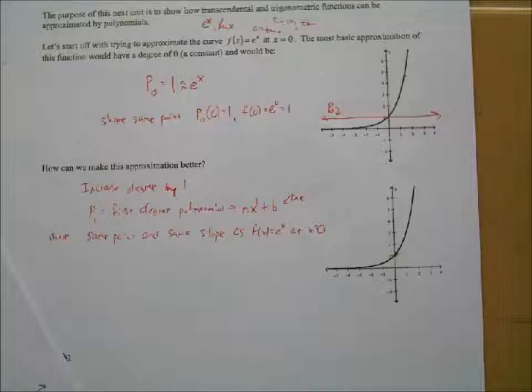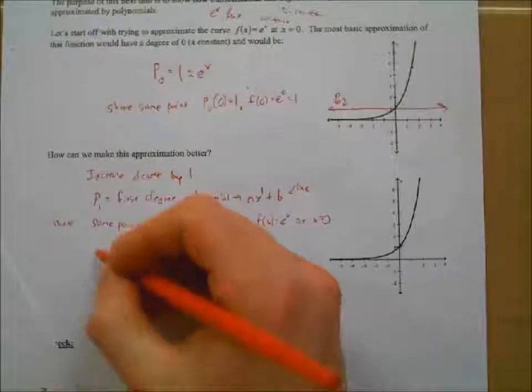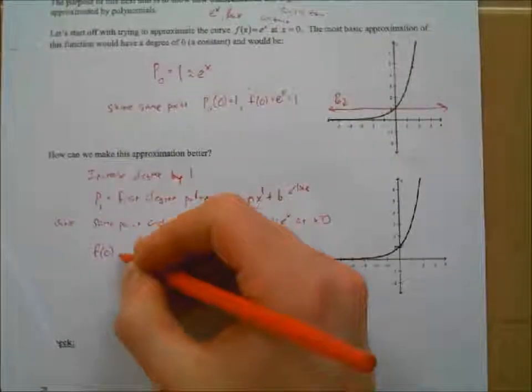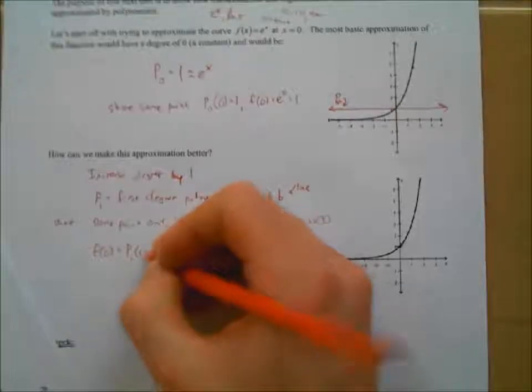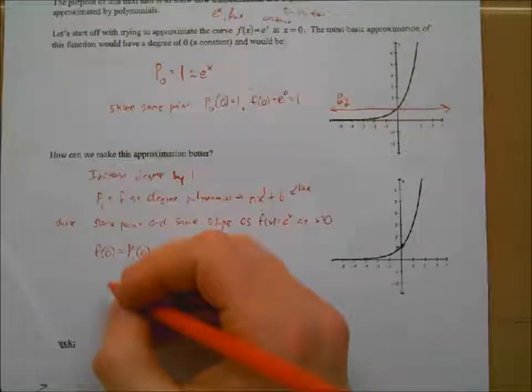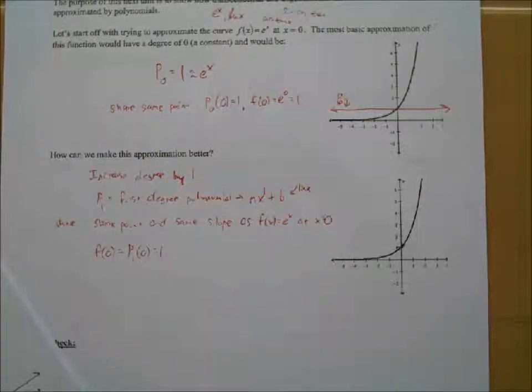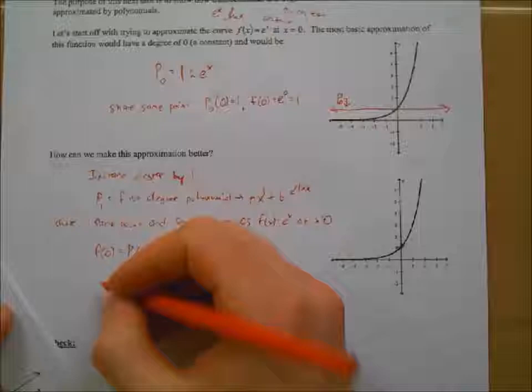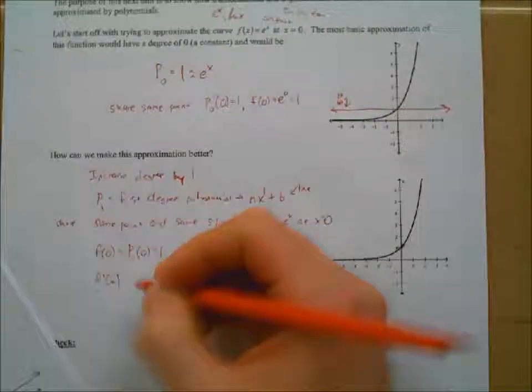Well, we already know from before that f of 0, which is equal to p sub 1 of 0, is 1. So there's our y-intercept. We've got that point already from the earlier step that we did. So then, if we want to try and match the slope of our curve, what do we need to do to our curve to match the slope? Take the derivative. So f prime of x, well, what's the derivative of e to the x?